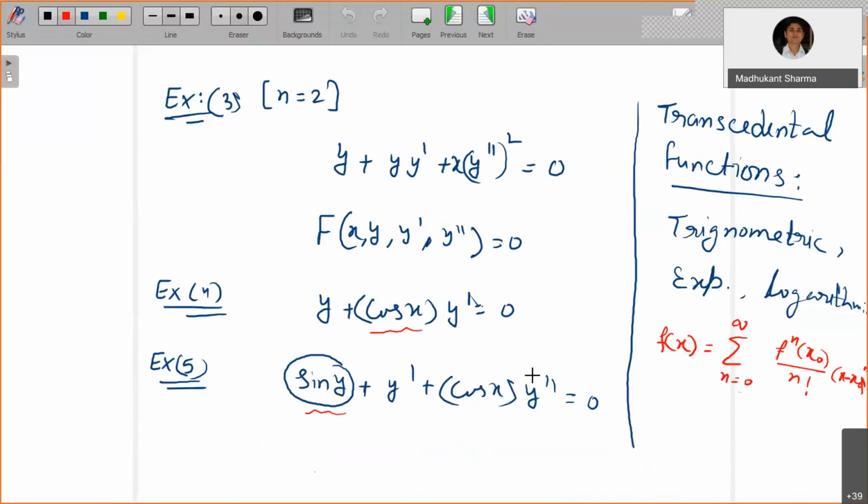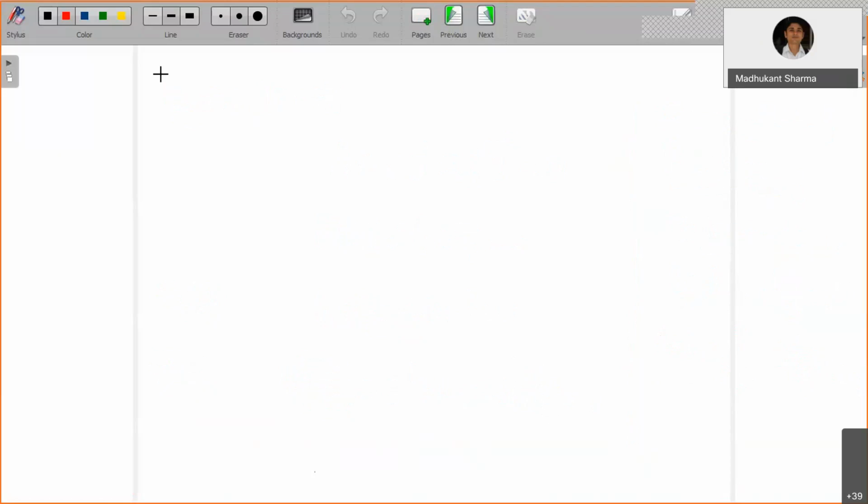Now let me have one more example, example number 6. Let's have this equation: y dash plus the integration of cos x dx equals some x square, something like y into y outside.